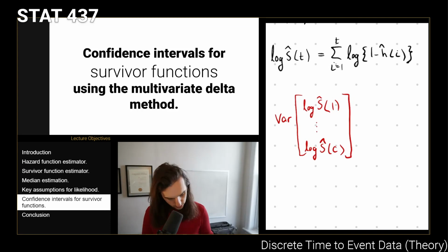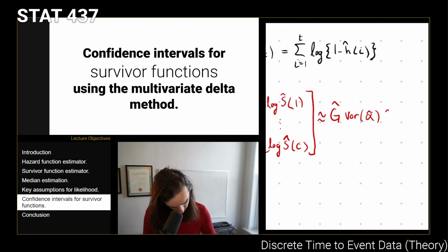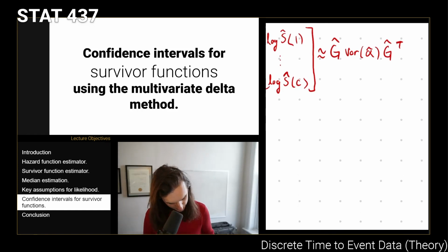Well, this is going to be approximately given by what I will describe as g hat times the variance of alpha hat times g hat transpose. Okay, and what is this g matrix here?